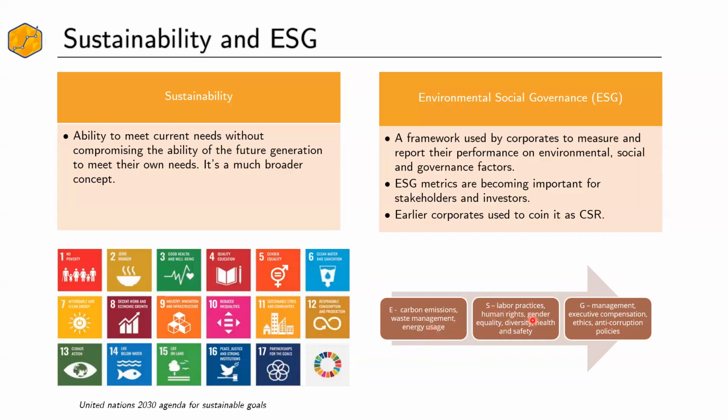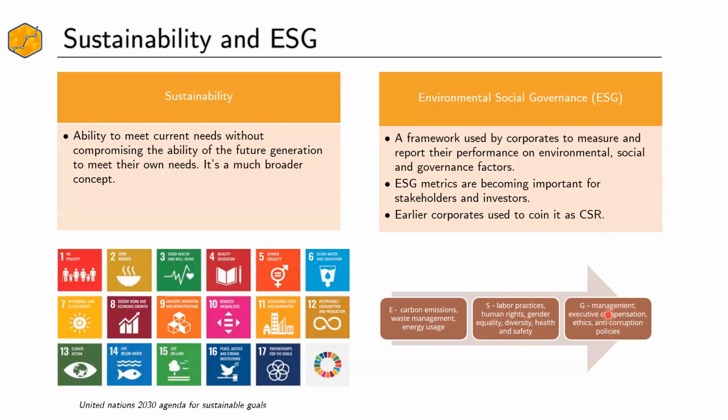That's one. Then we talked about social. In social, we have all these labor practices. What are your labor practices in the company? Human rights, gender equality, diversity. These are the things that you see often these days, right? We are ensuring diversity in our workforce, gender equality, health and safety. All of these practices are under social.